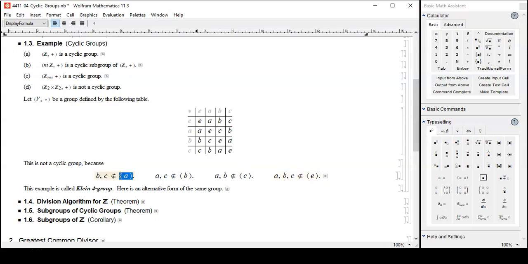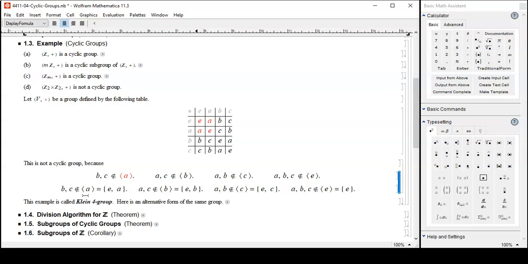Let's look at this. What is this cyclic subgroup? Look at this table. E times A is A, and A times A is E. So times A again, you're going to get A. Times A again, you're going to get E. Times A again, we're going to get A. Times A again, we get E. So we're going to get bouncing back and forth, E and A. So B and C do not belong to this.